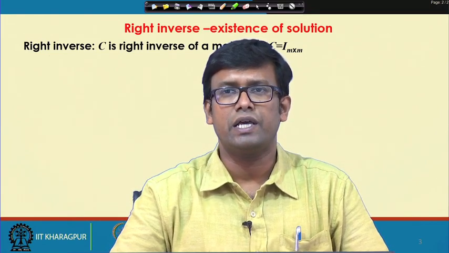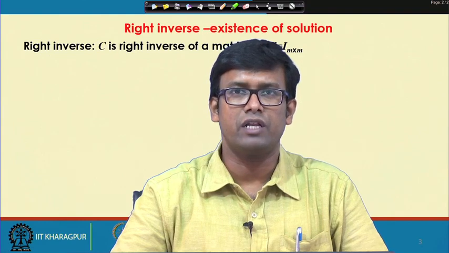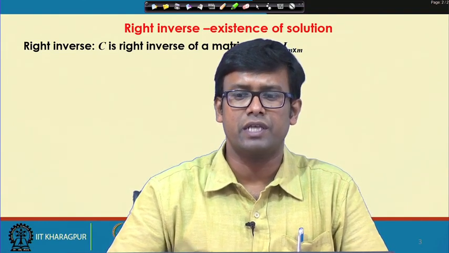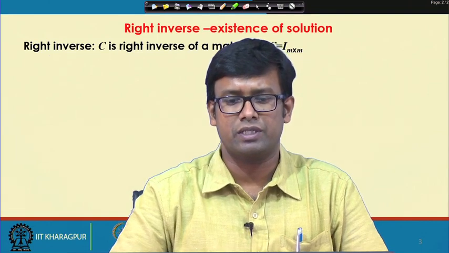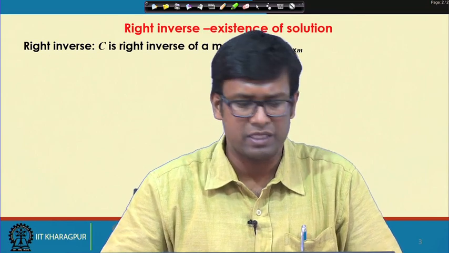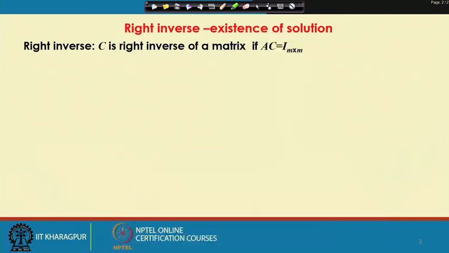Instead, there is something called the right inverse of a matrix, which is multiplied on the right side of the matrix and gives an identity matrix. C is the right inverse of matrix A if AC is the identity matrix I, when A is a rectangular matrix of order m into n, that means A has m rows and n columns.